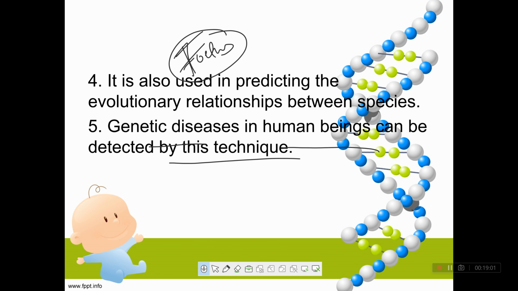Next, it is also used in predicting the evolutionary relationship between species, and genetic diseases in human beings can be detected by this technique. Genetic diseases like Down syndrome, Turner syndrome, Klinefelter syndrome.